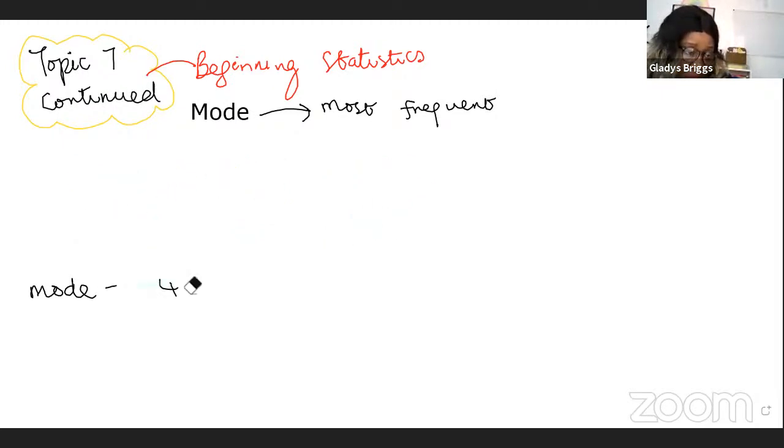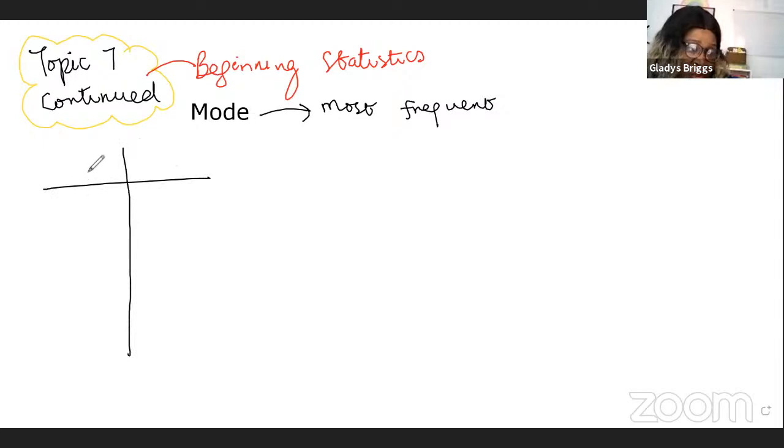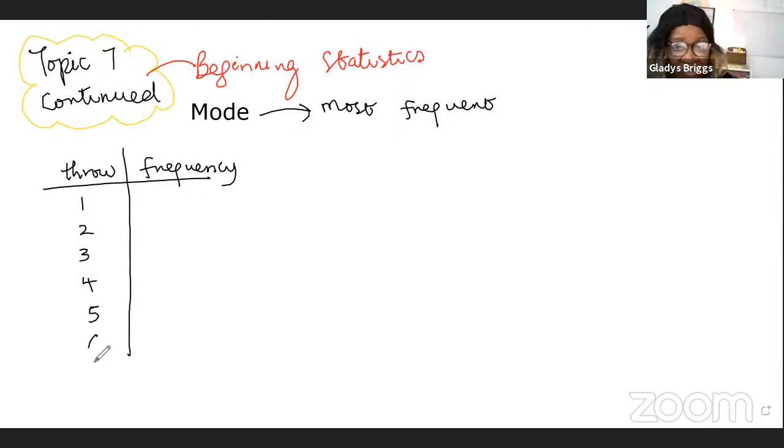Okay. So let's say you were doing some experiments with dice. You were throwing your dice and you wrote the numbers down: 1, 2, 3, 4, 5, 6.